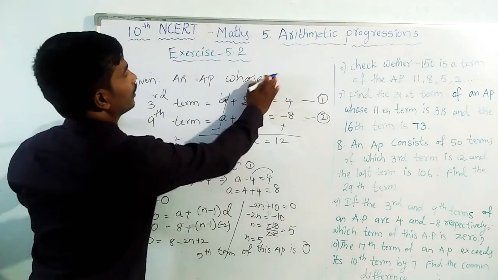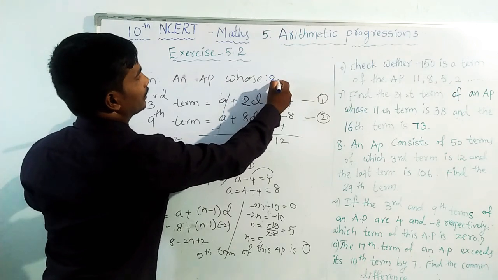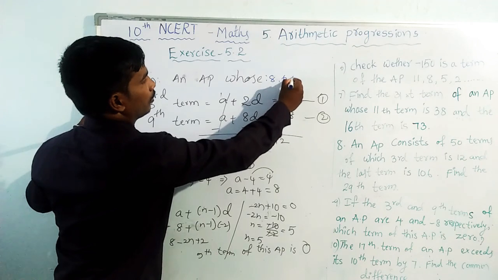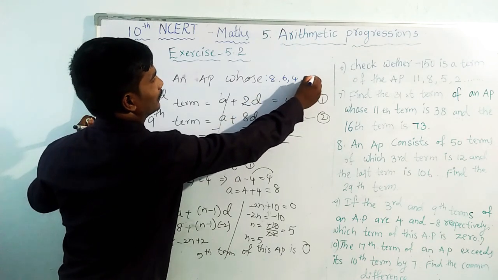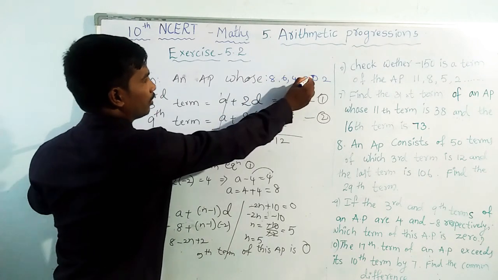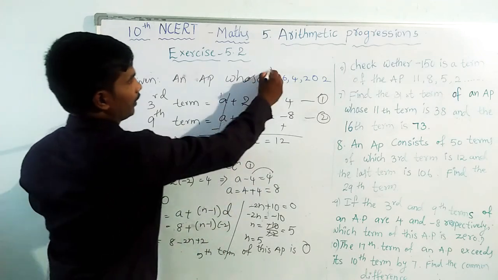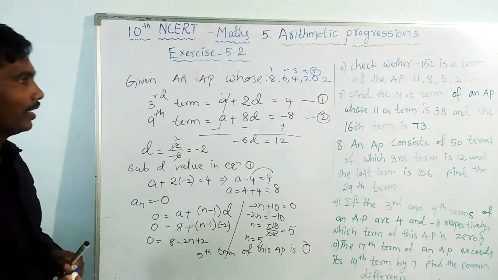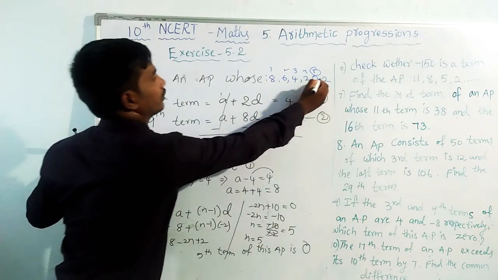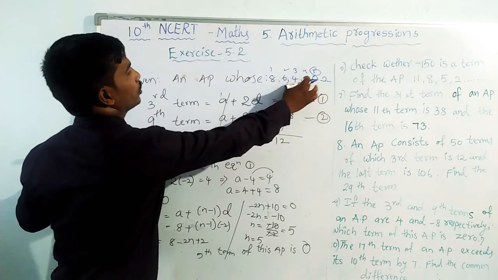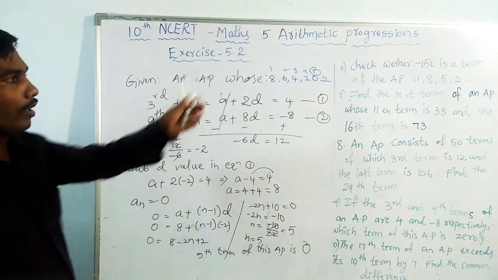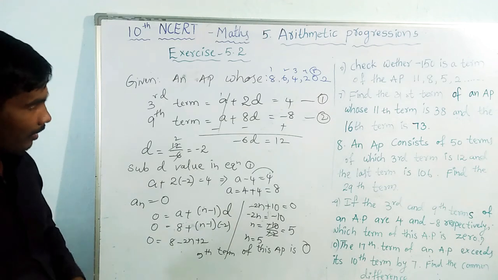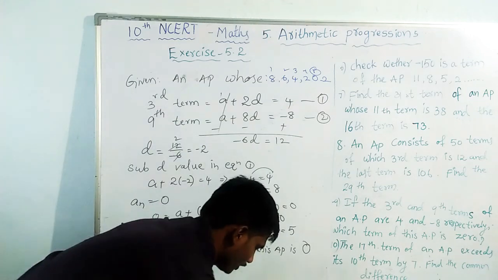First term is 8. See, the second term, the common difference is minus 2. That means 6, 4, 2, 0. Which term of this AP is 0? First, second, third, fourth, fifth. Yes, the fifth term of the AP is 0. Okay, 8, 6, 4, 2, 0, minus 2, minus 4, minus 6, like that. So the fifth term of the AP is 0.